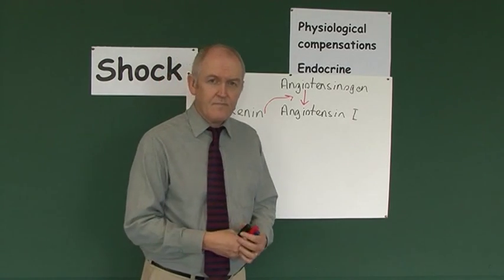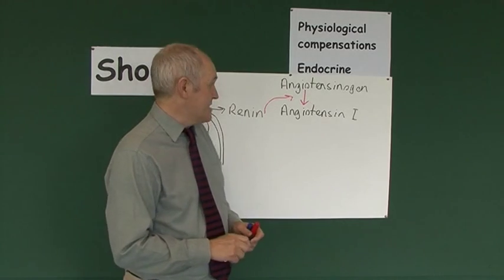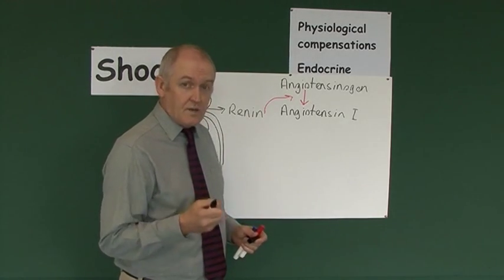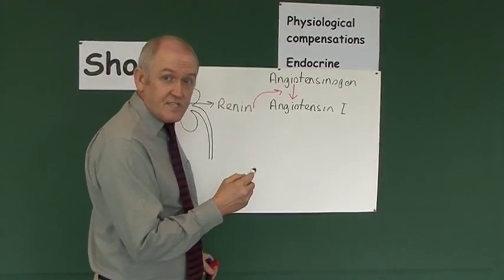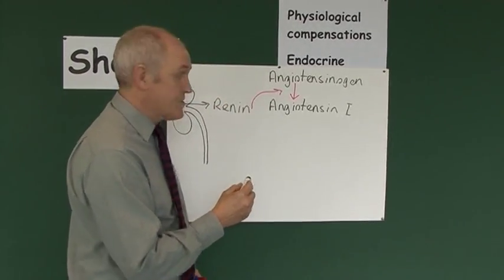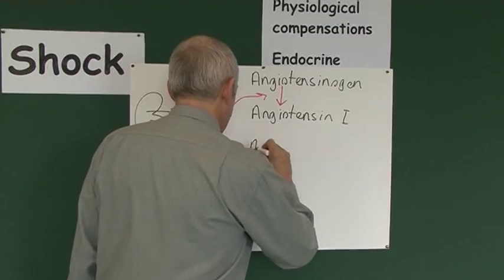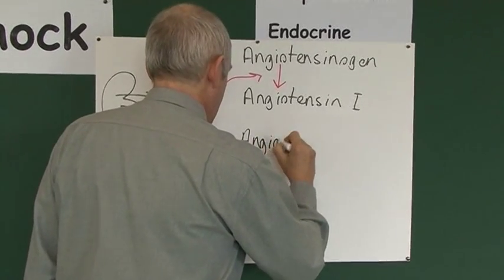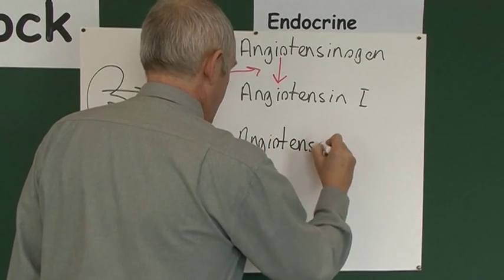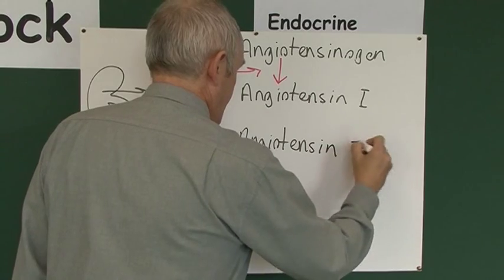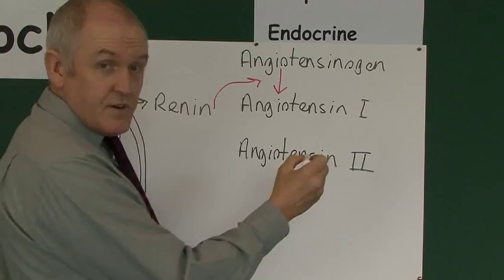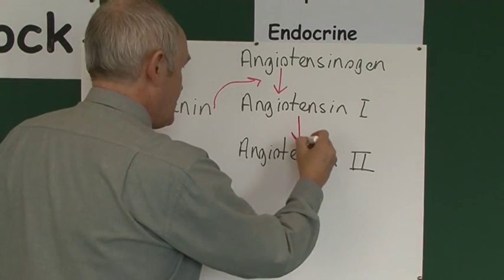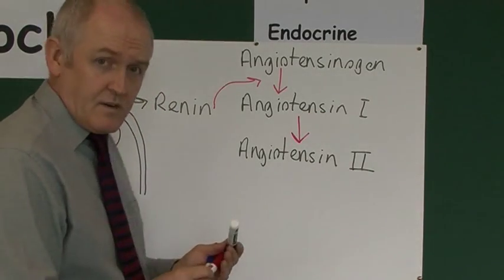But as the angiotensin type 1 goes through the lungs, it is converted into angiotensin type 2. Angiotensin 1 is converted into angiotensin type 2 as it passes through the lungs.